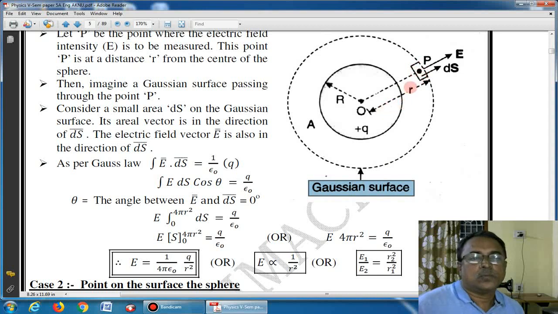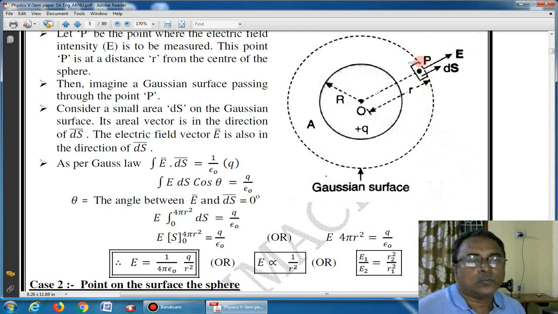So here small r is greater than capital R. Capital R means radius of the sphere. And on this Gaussian surface, we are taking a small area. This is the small area, and this area value is equal to ds.